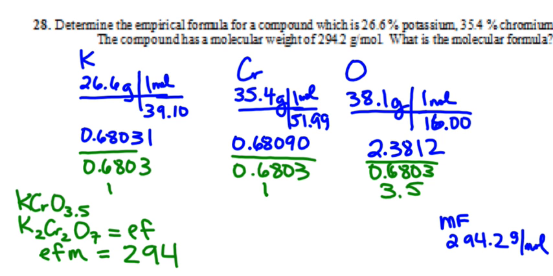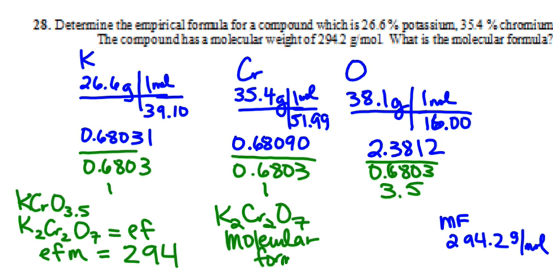So what is K2Cr2O7? It's potassium dichromate, and this is also the molecular formula. The fact that you could name it like that was a good indication that it was the molecular formula as well as the empirical formula. Potassium dichromate. Okay? Any questions on this?